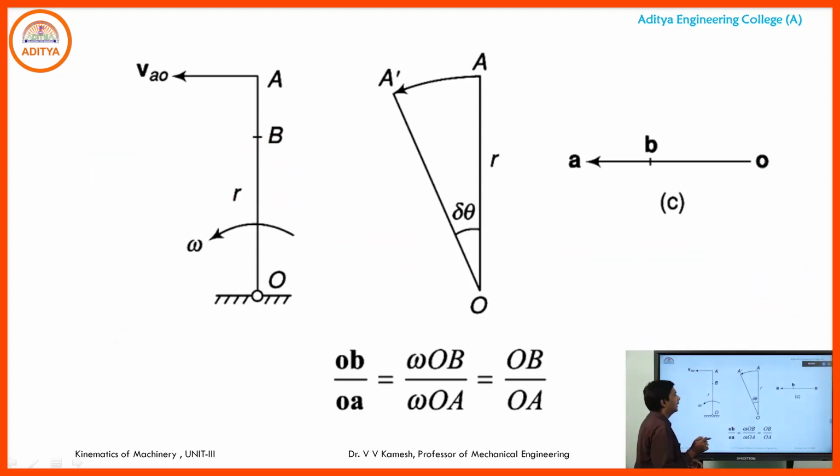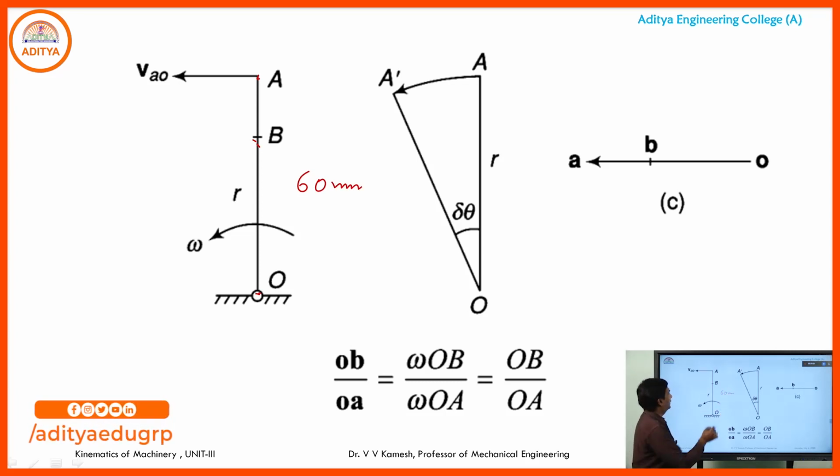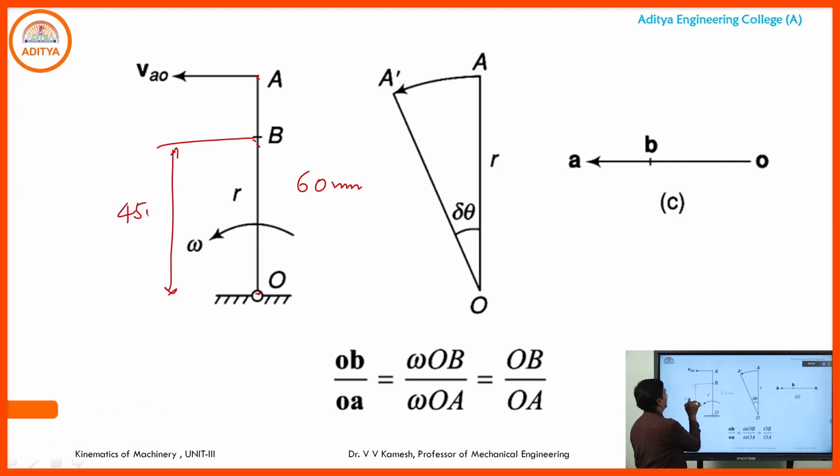Now, how do we represent this point on the chart? The length OA is taken, let it be some 60 mm. OA is 60 mm and OB I am taking as 45 mm.